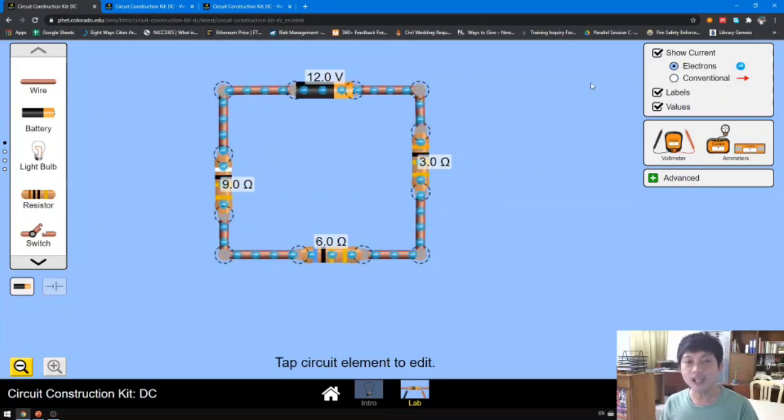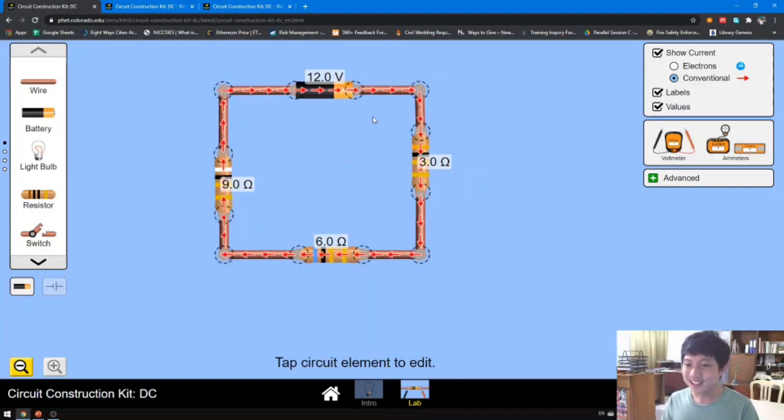When we talk about electrons, they flow from the anode to the cathode, and the anode is basically the positive one, and the cathode is the negative one. But when we talk about the conventional way, this is what we really think: positive to negative.